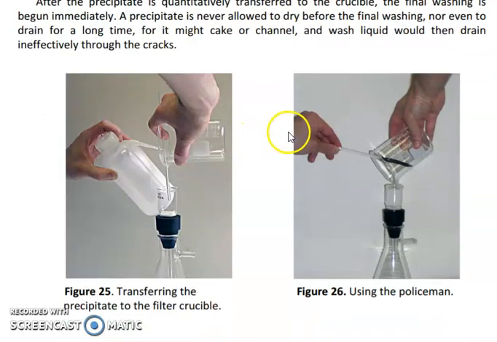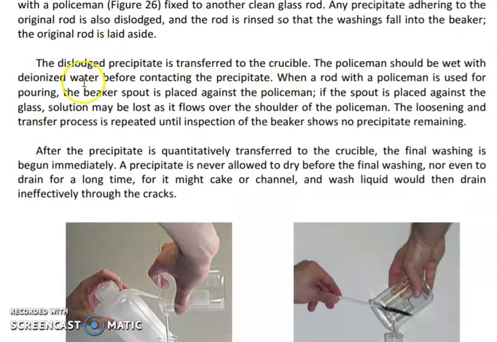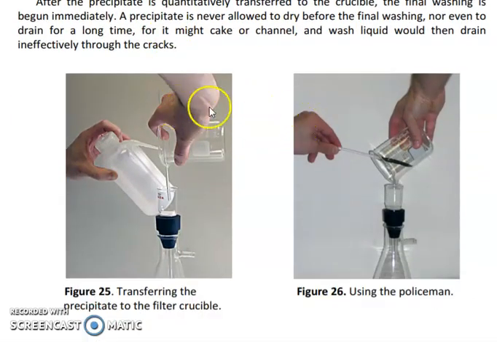So all this is written, but if you go through the practical way, there is no need for too much language. You just think about it: this is your last washing you are doing, and here is your solid. This is your wash bottle. You have two hands, one hand with the rod and beaker.